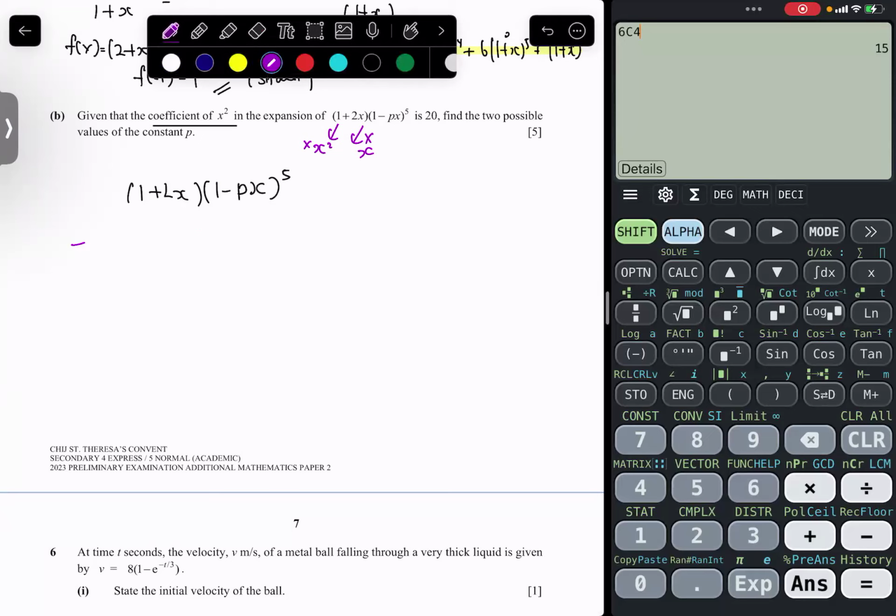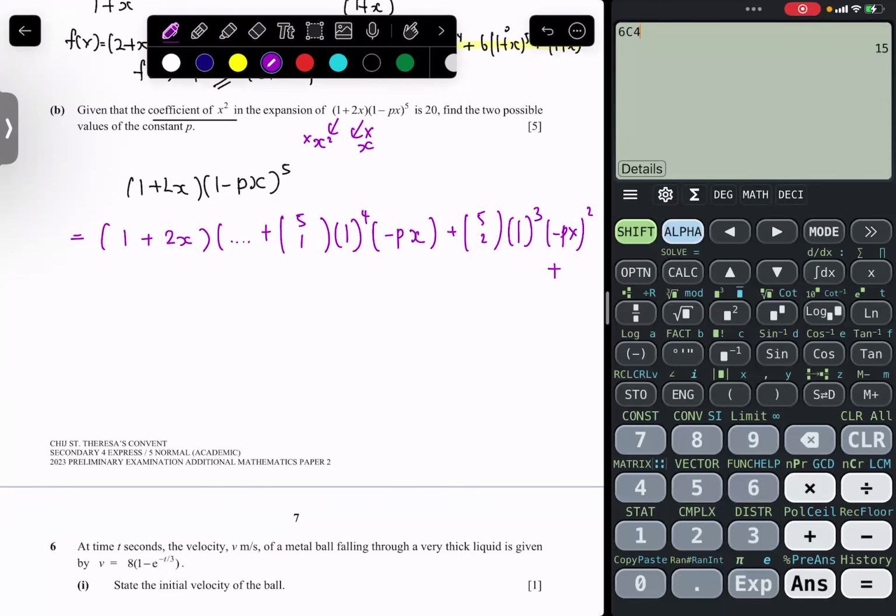So that will be equal to (1 plus 2x) multiplied by: we are not concerned with the first term, the second term will be 5C1 times negative px, plus 5C2 times (negative px) squared, plus dot dot dot.